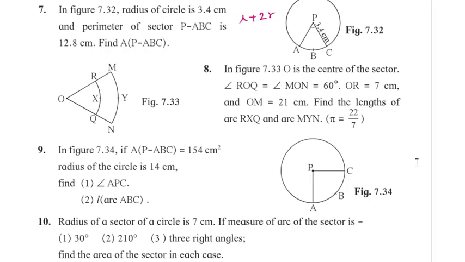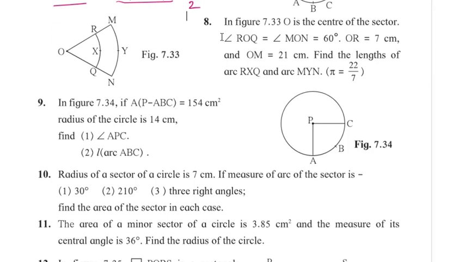So value of L plus 2R is given 12.8. Now from this, as we know value of R, we can find value of L. So practically we have value of L and we have radius as 3.4, then I can find area. So for area we have formula L into R divided by 2, which will give me required answer.